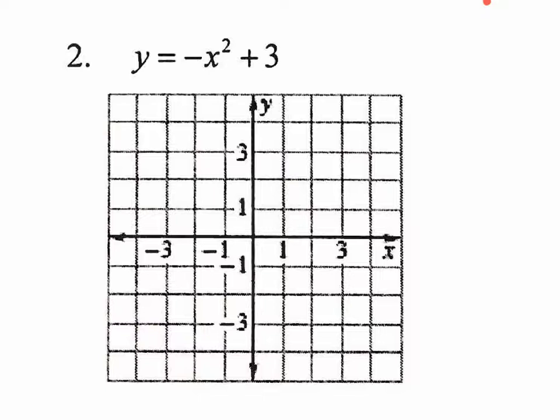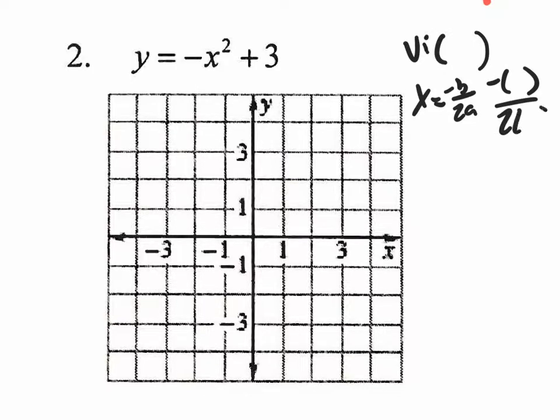All right, so if I did continue with what we're practicing today, that my vertex is my most important point, and we find that using x equals negative b over 2 times a. The b value, again, is missing. The bx term is not there, so you'd say 0. The a value is negative 1, which means that you end up with negative 0, which is still 0.